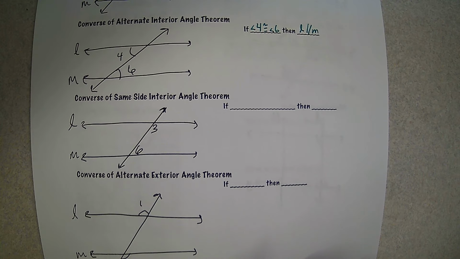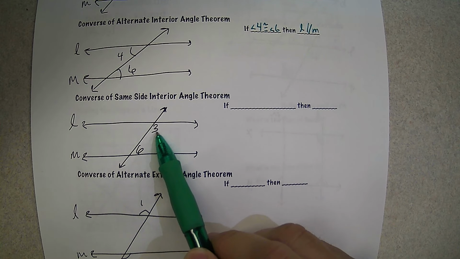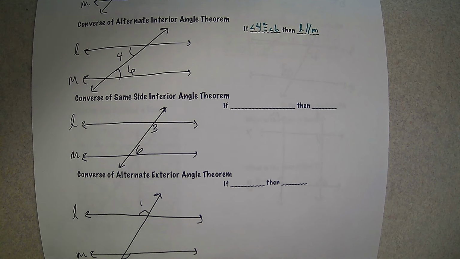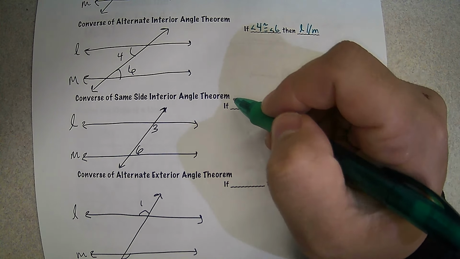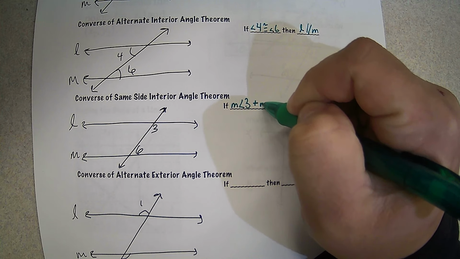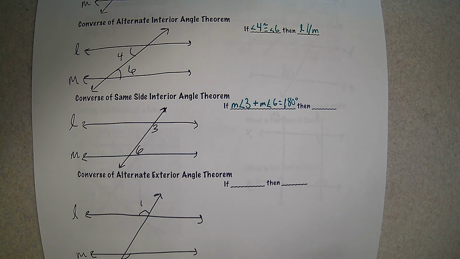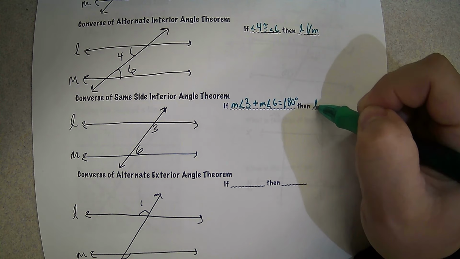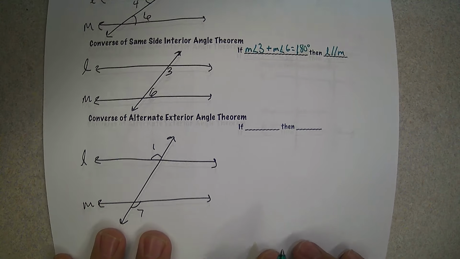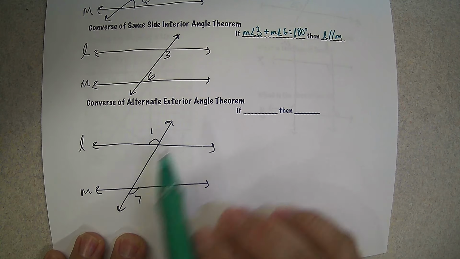Now remember, with our same side interior angles, it didn't say that these are congruent, but that these two should add up to 180 degrees. So the converse of the same side interior angles theorem says if the measure of angle 3 in this case plus the measure of angle 6 add up to 180 degrees, then we know that L is parallel to M. And the last one we're going to look at is the converse of alternate exterior angles.